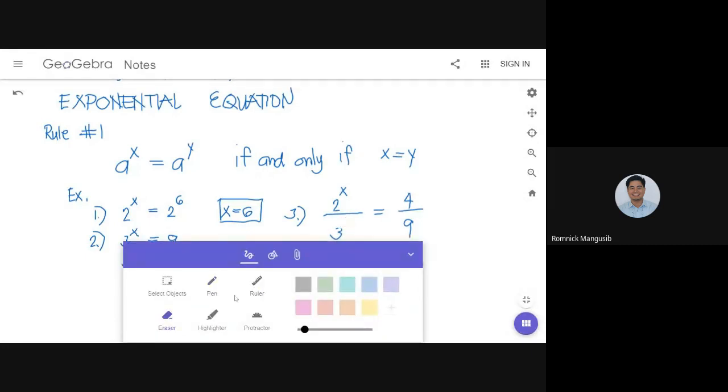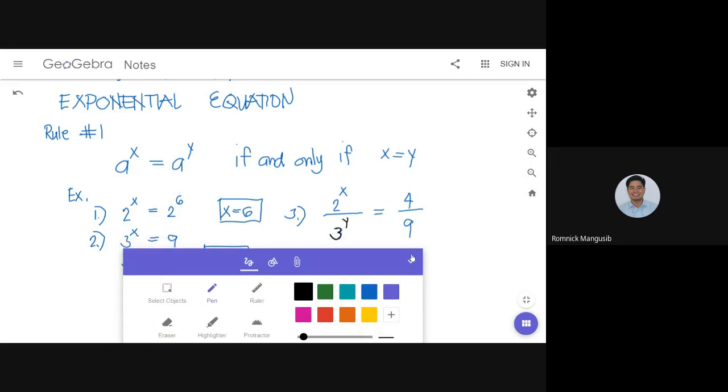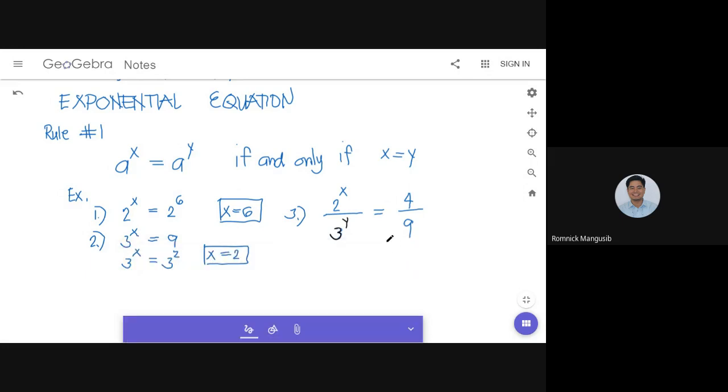Let's say y. Kapag ganito ang given naman class, hindi pa rin naman siya confusing kasi in the rule of equation, numerator na 2 raised to x dapat equal kay 4. Numerator to numerator, denominator to denominator, provided that you can express each into exponential form.